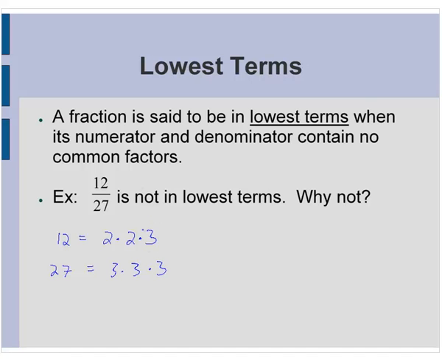So there is a factor in common. And so what we would say is 12/27 is not in lowest terms. And in fact, it can be reduced to lowest terms. But since there's the common factor of 3, it is not in lowest terms.